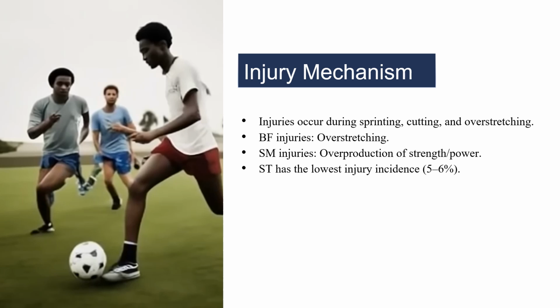We can see this while the player is chasing the ball from one end to the other end, or running behind the ball. And semitendinosus, which has the lowest injury incidence, from 5 to 6%, due to the tendinous projection.